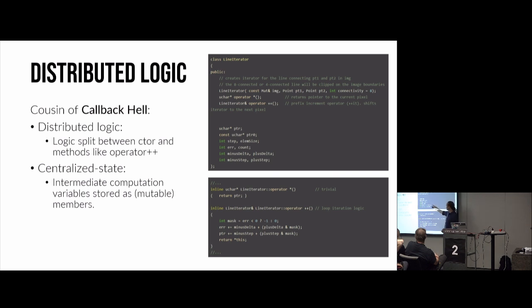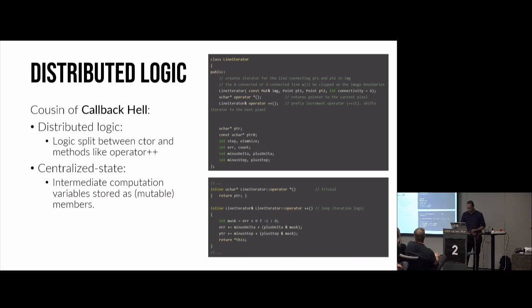So it might also affect the object size and other such considerations. So we have distributed logic and centralized state. Some of them are not public, and all of them are mutable by all of the methods at least. Well, if they're public, then by anyone, but let's assume they're not public.